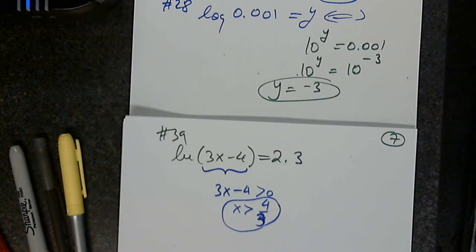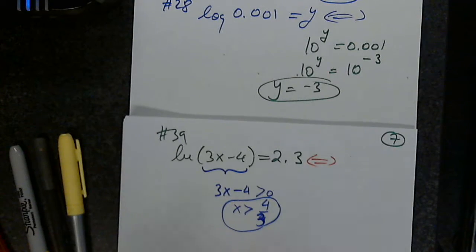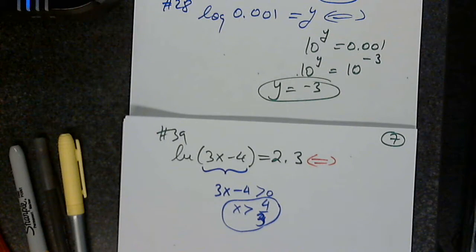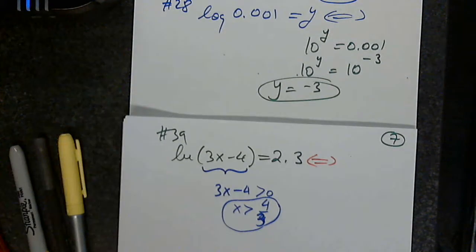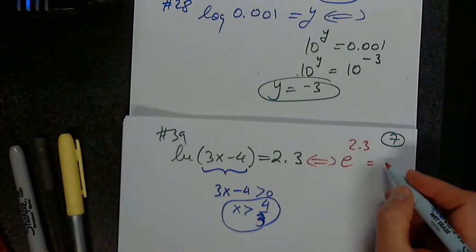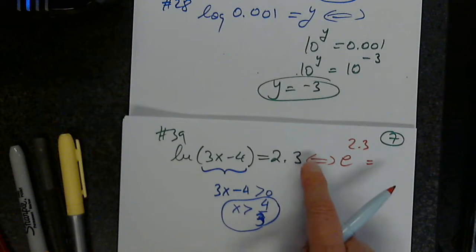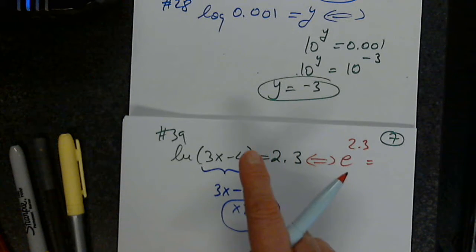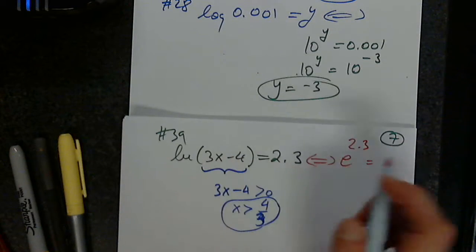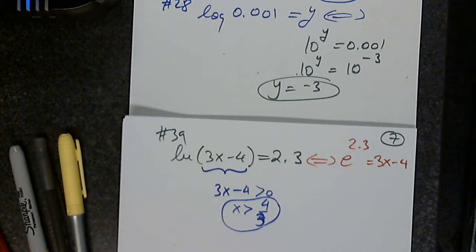So let's start. This is a log equation. It can be changed into an exponential one. How? E to 2.3 equals e to the power of the natural log of 3x minus 4, which is 3x minus 4. Careful: e raised to 2.3 equals 3x minus 4.